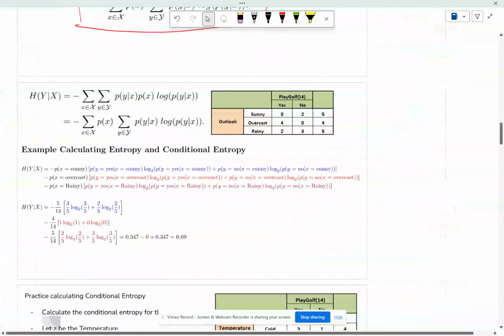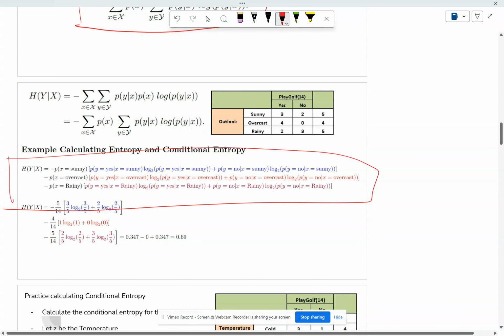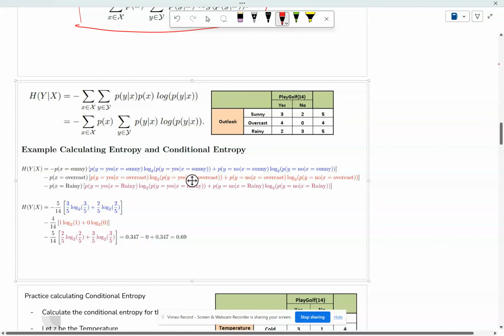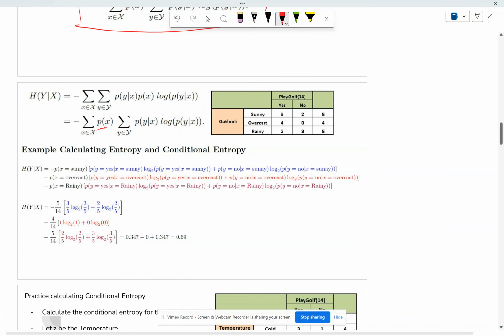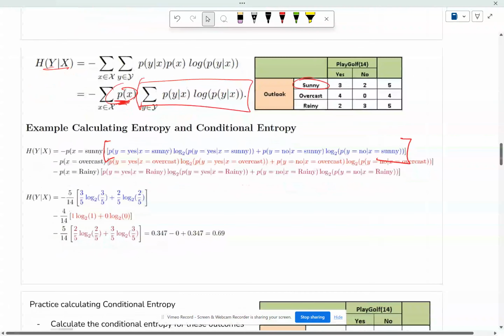Now, this right here is the equation of how you would have calculated that previous thing. We're trying to find the conditional entropy, where you pick an x. So we start with x equal to sunny. If we know x is sunny, then we multiply this by the summation over all the combinations.